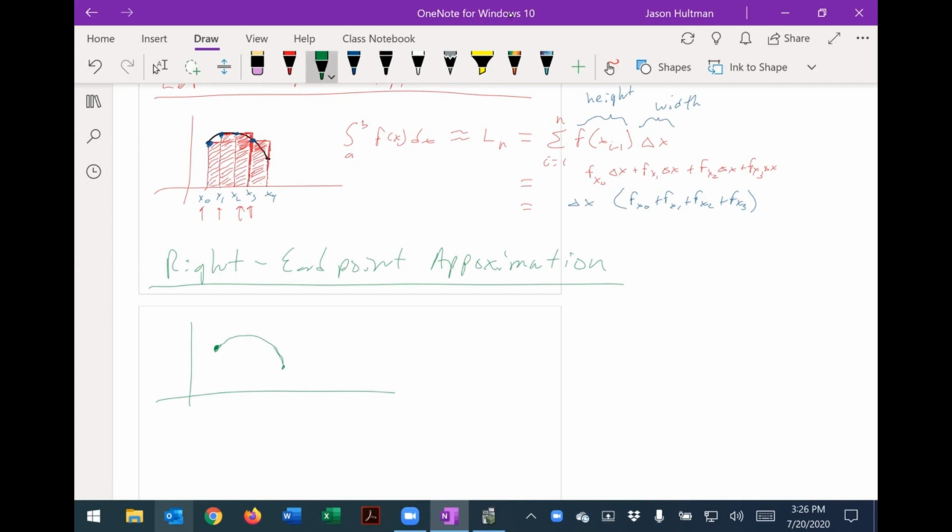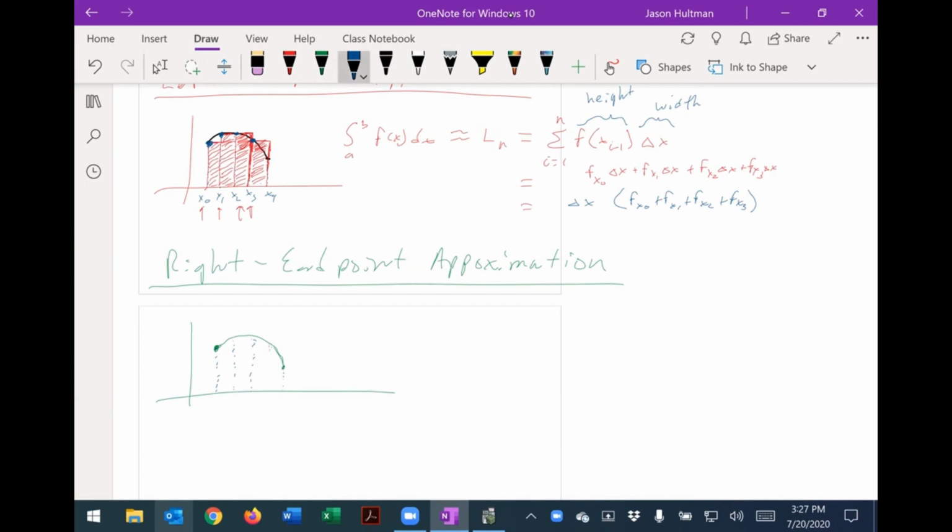So let's create our four divisions: 1, 2, 3, 4, and then 5. That one's a little bit off right there, so let me move that over just a hair.